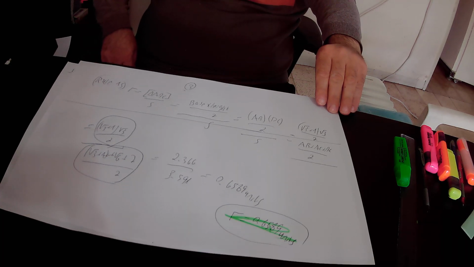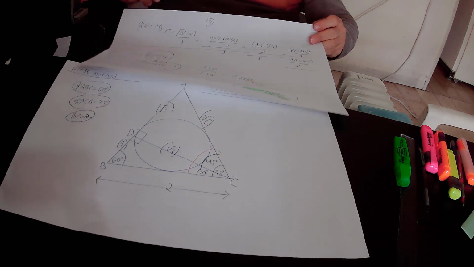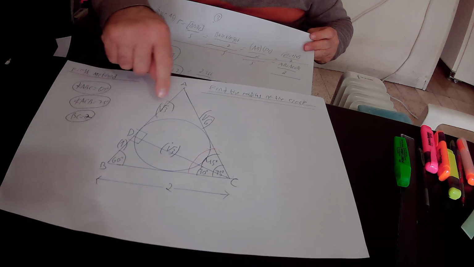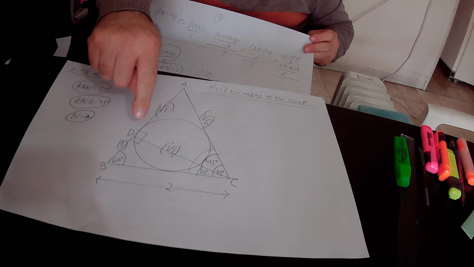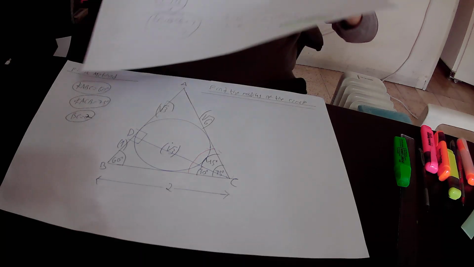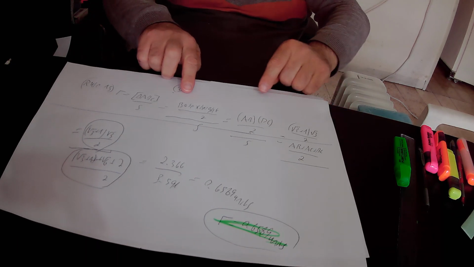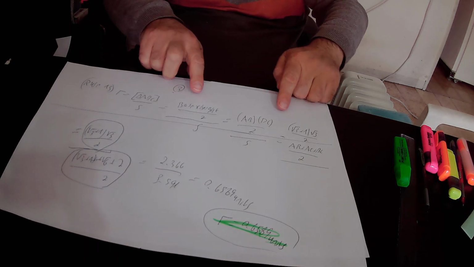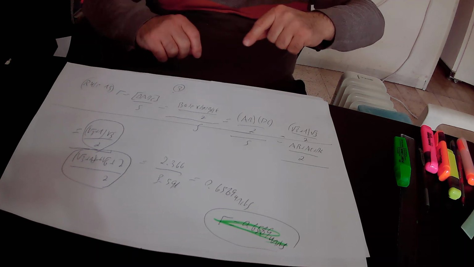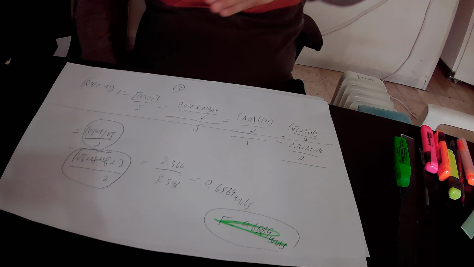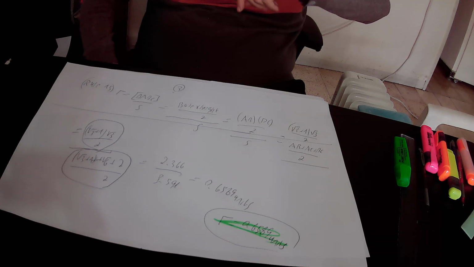We take the base AB, and the height to the base is DC. Again, the base of our triangle ABC is AB, the height to the base is DC, divided by 2, all divided by S, that is the semi-perimeter of the same triangle ABC.